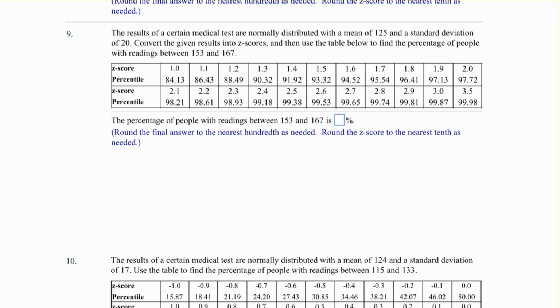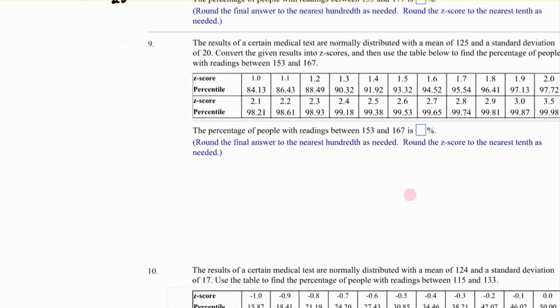All right, this time we have our medical test results with a mean of 125, standard deviation of 20, and I want to find the readings between 153 and 167. So I need to do the z-score for 153.